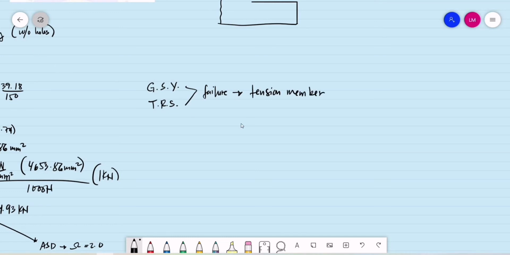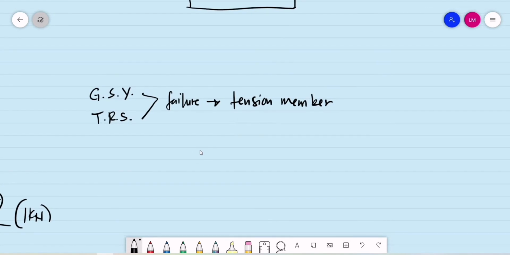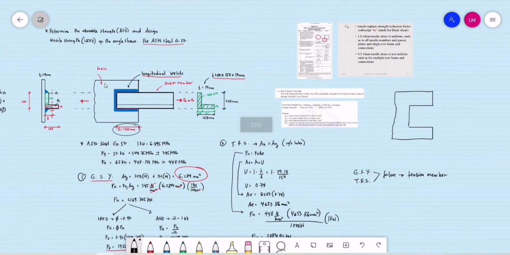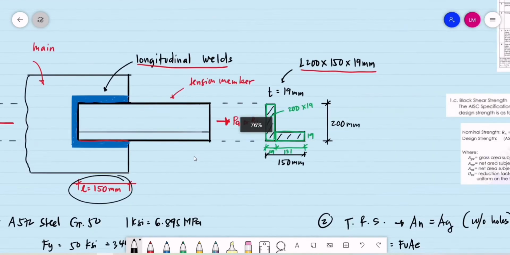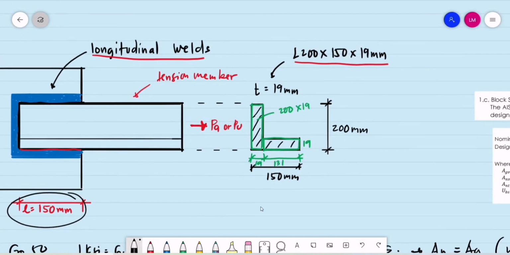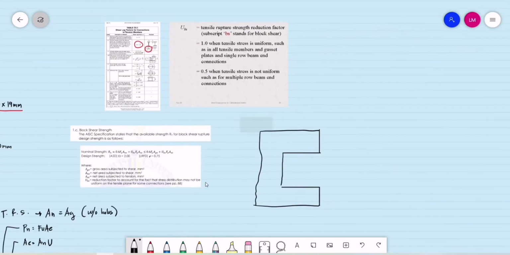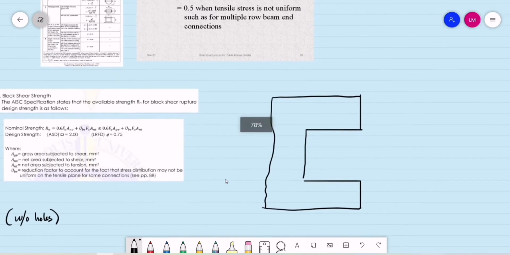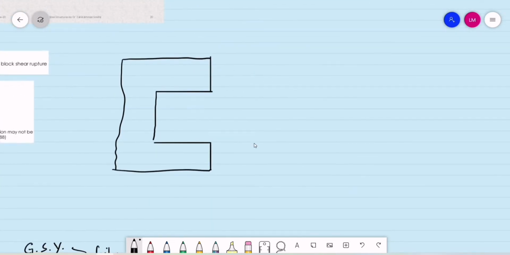So, reminder: for our analysis under GSY and TRS, the failure will occur on the angle bar. Now, let's say this is our third analysis, the block shear strength.